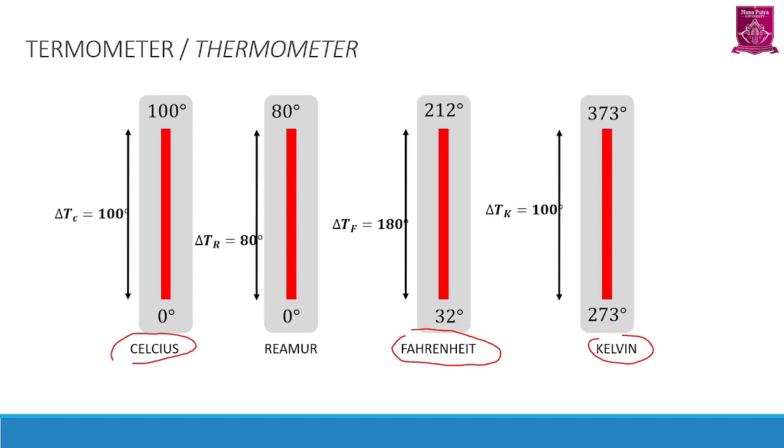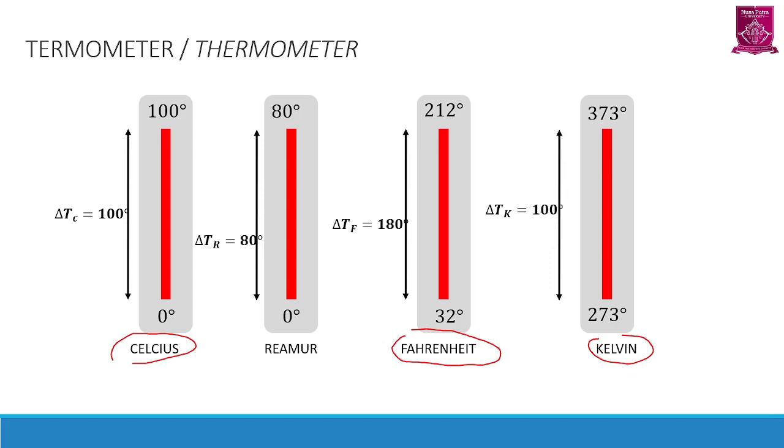And for the Reaumur scale, the ice starts to melt at 0 degrees, and the water starts to boil at 80 degrees.